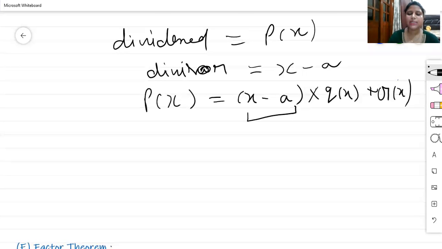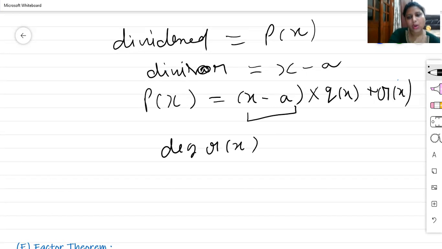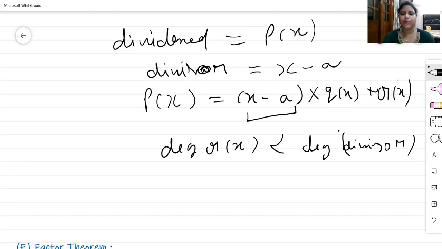Here the divisor is a linear polynomial, but we know that the degree of the remainder should always be less than the degree of the divisor. So if the degree of the divisor is 1, the degree of r(x) should be 0.